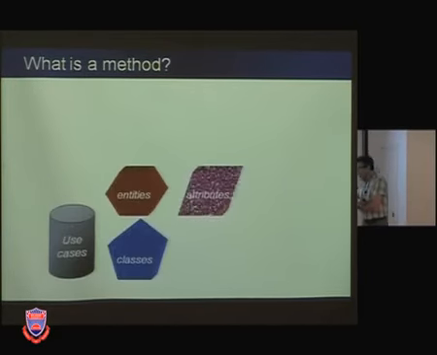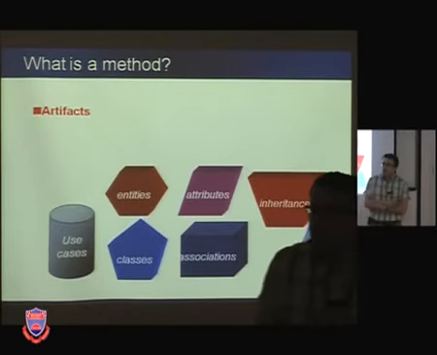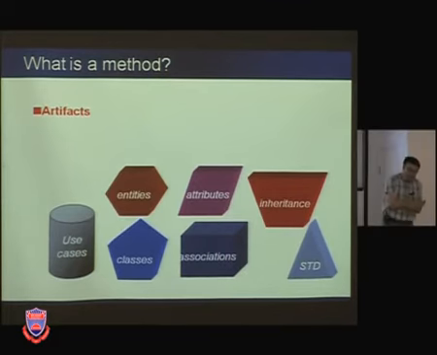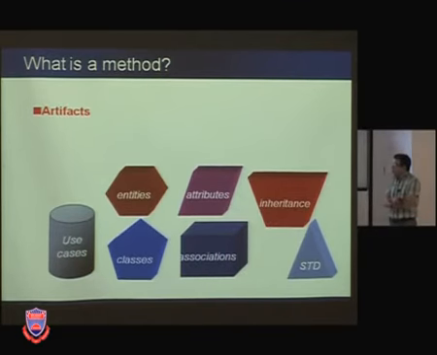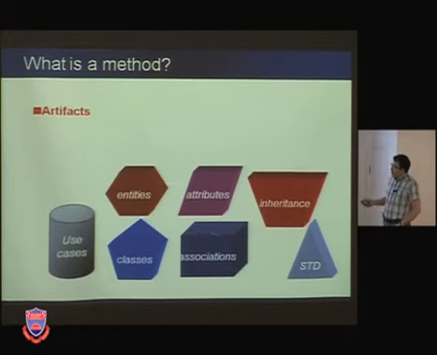If you look more into detail, the method describes how to build an application using some artifacts. So in principle, the basic issues are that we first have artifacts. Take, for example, object-oriented design.